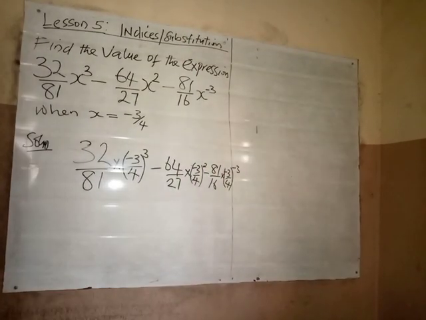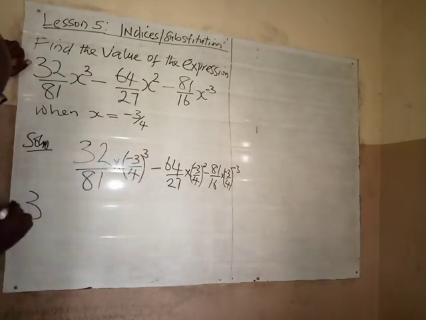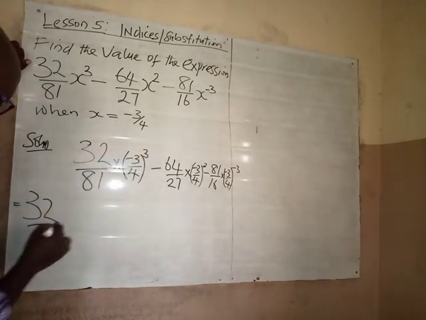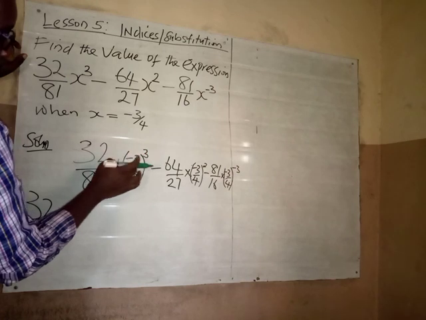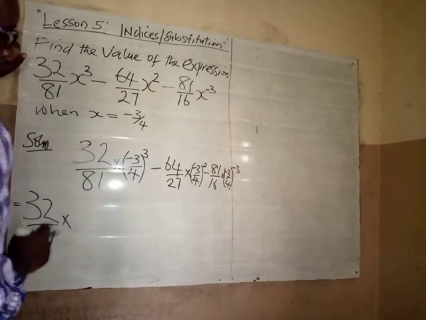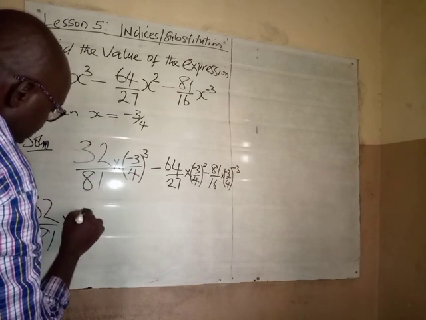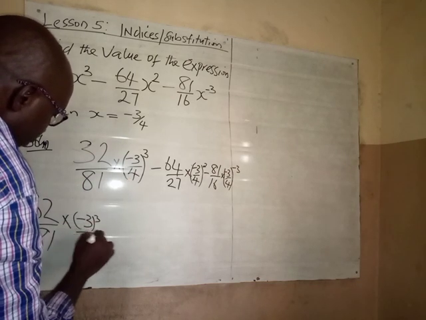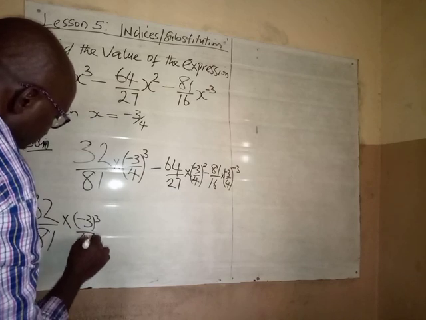Okay, we can actually expand and multiply. This will be 32 over 81 times, this thing means minus 3 times minus 3 times minus 3. It simply means minus 3 raised to power 3 over 4 raised to power 3.